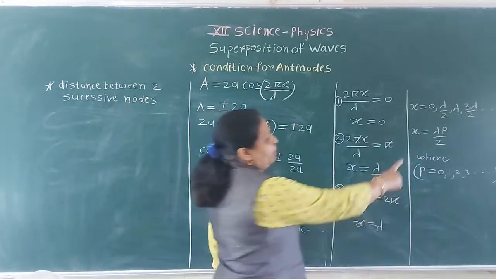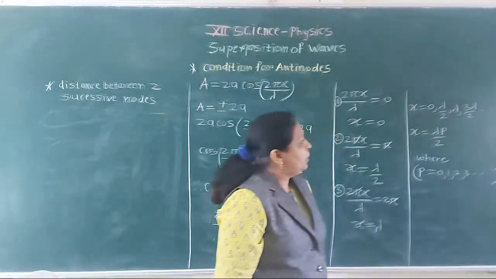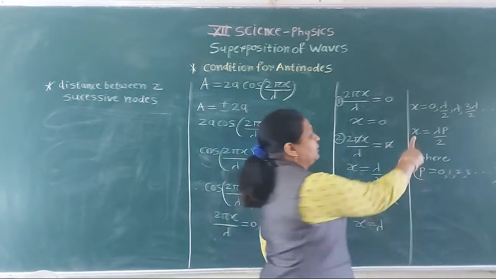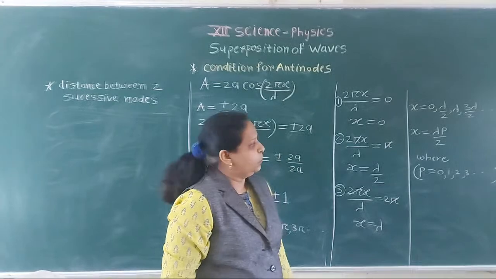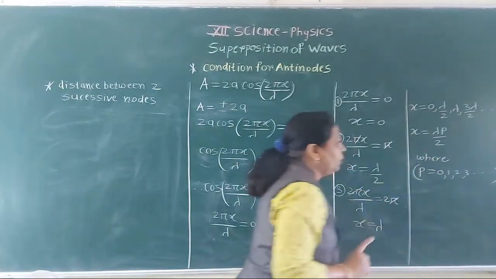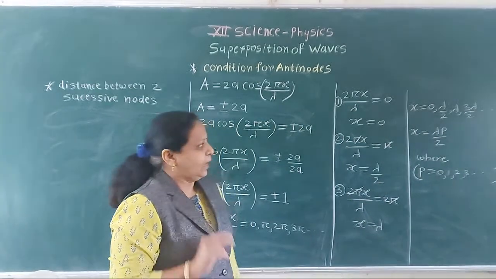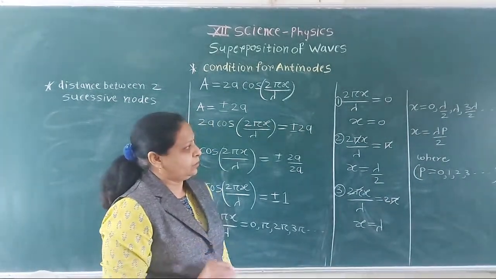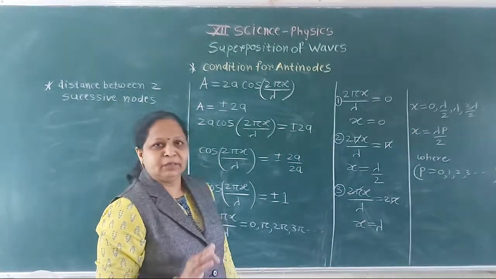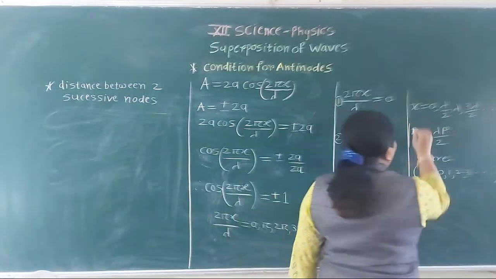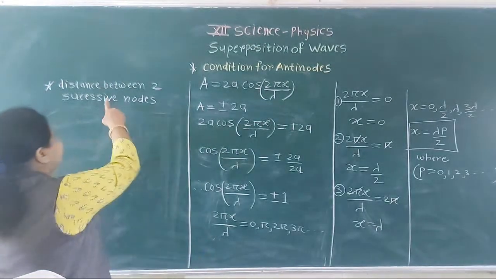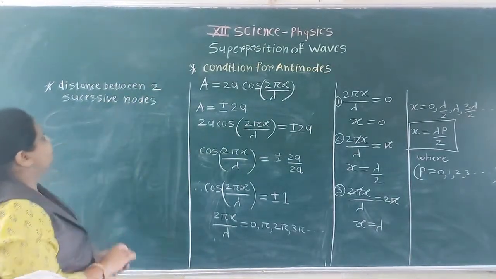Therefore x is equal to 0, lambda by 2, lambda, 3 lambda by 2, etc. Now the general formula for x is lambda p upon 2, where p is equal to 0, 1, 2, 3. We can calculate the value of x by substituting the value of p. So it is the condition for antinodes. Now the distance between two successive antinodes.